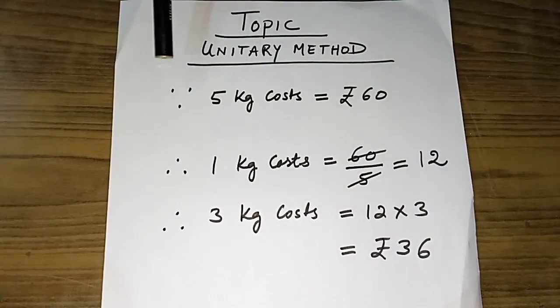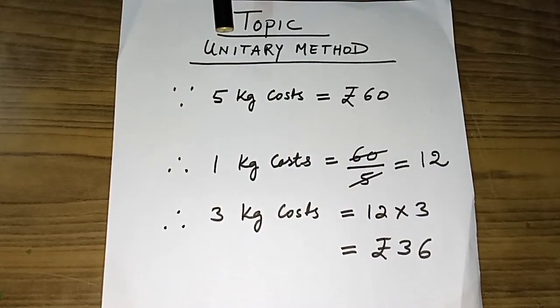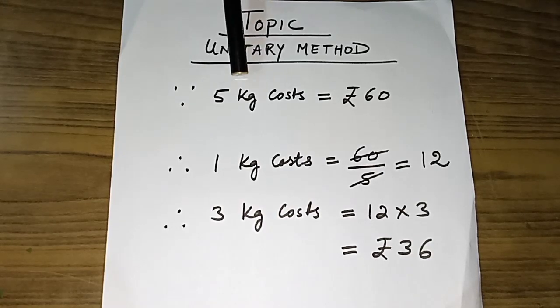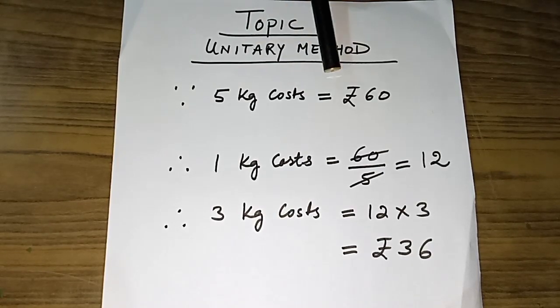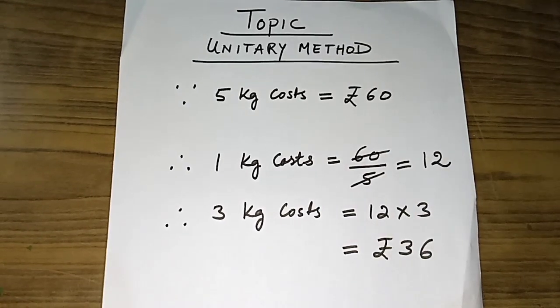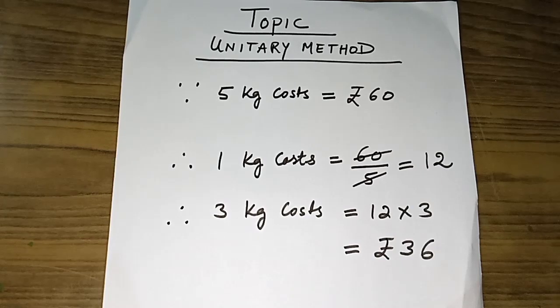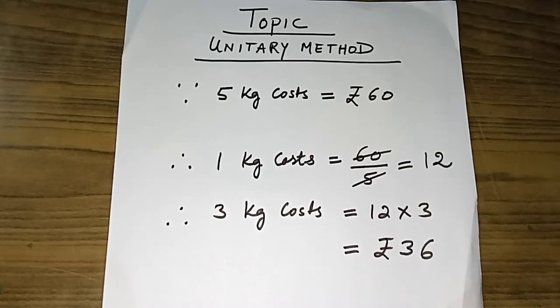The opening statement of the previous day's solution is, since 5 kg cost is equal to rupees 60. Now my question to you is, from where did we get this opening statement? As we know, from the problem itself.